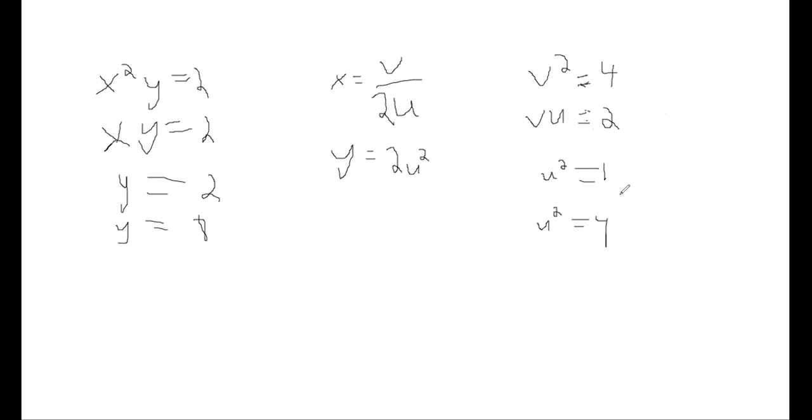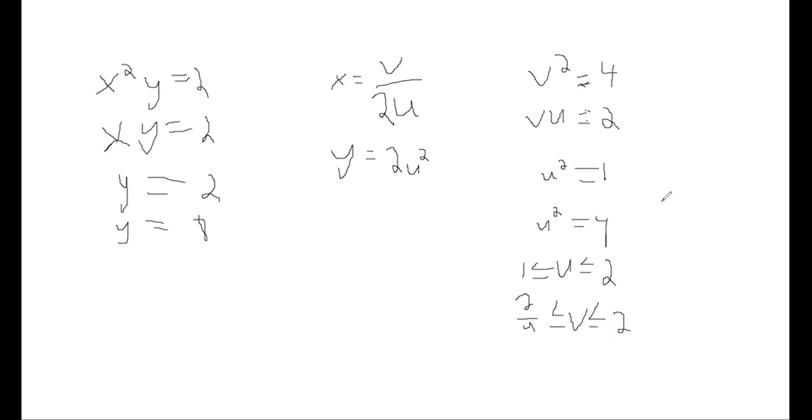So here, it stands to reason that u is going to go from 1 to 2, and v is going to go from 2 over u, because v equals 2 over u here, to 2.